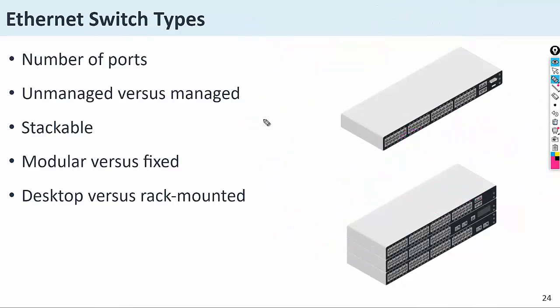Some switches are stackable, like this, you can stack them, and some are fixed, meaning you fix them somewhere inside the rack, and modular means you can change the modules.